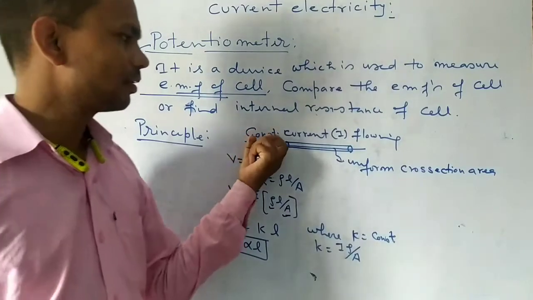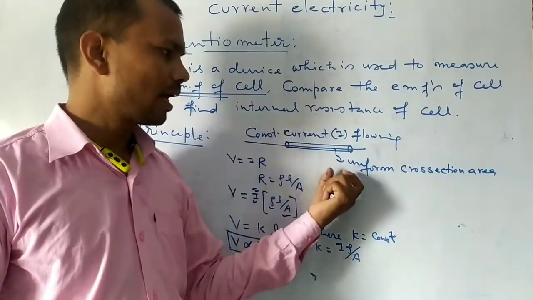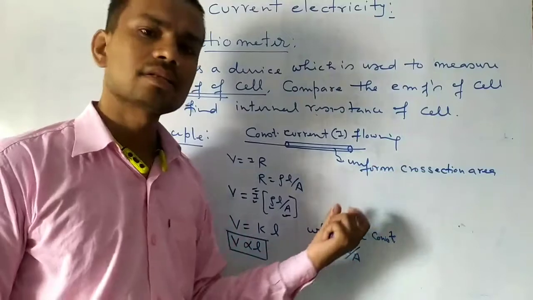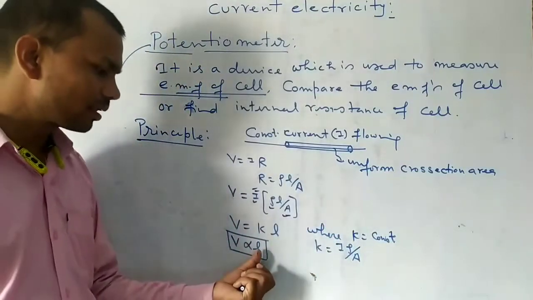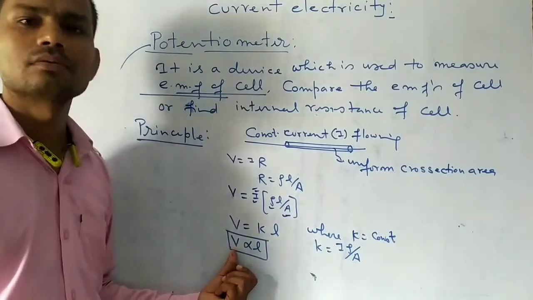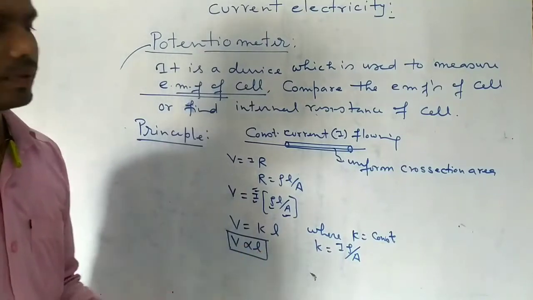When you are keeping the constant current and a uniform cross sectional area, then the length of the conductor is directly proportional to the potential drop, right?